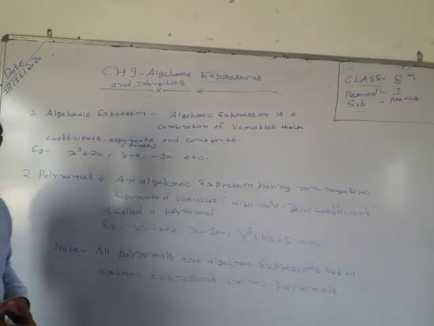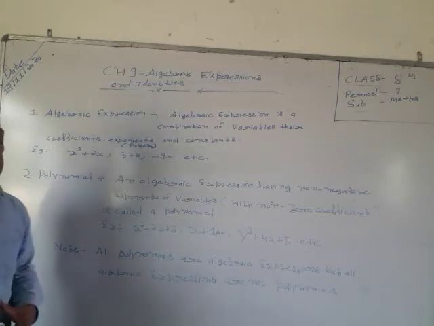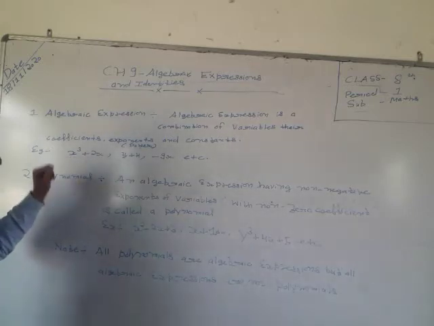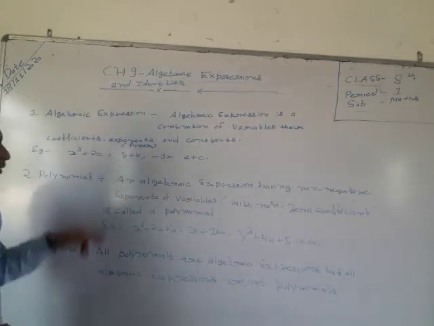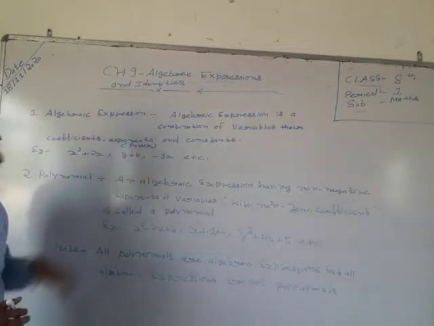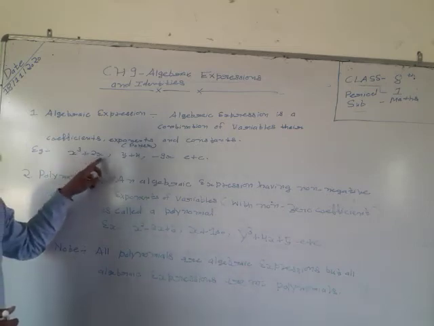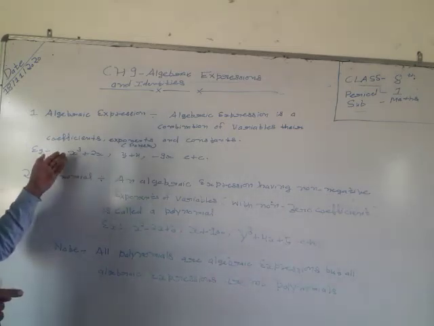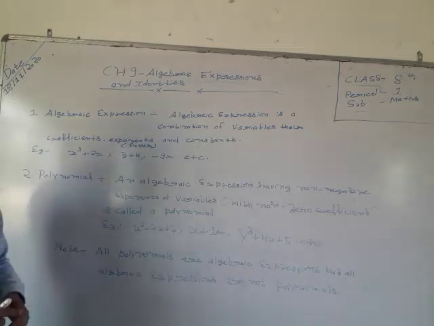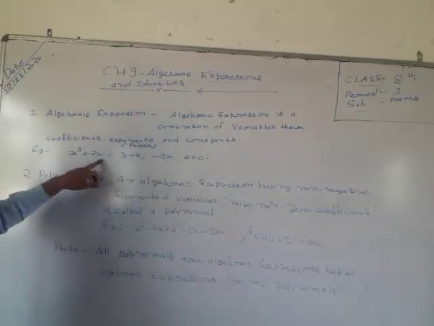In x cubed plus 2x, 2 is called the coefficient of x, and in x cubed, 3 is the exponent of x. Here the exponent of x is 3 and here the exponent of x is 1. There is no visible coefficient of x cubed, so obviously it is 1. So 1 is the coefficient of x cubed and 2 is the coefficient of x.